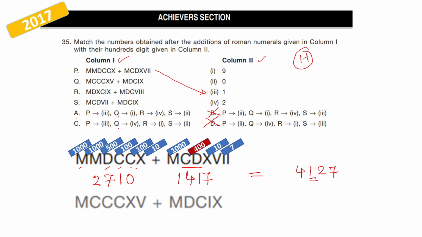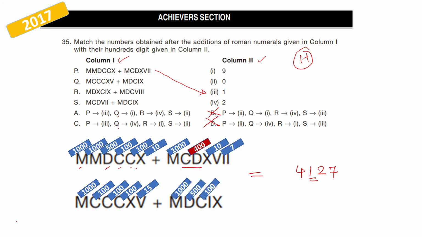So here we have the Roman number for Q. And let's start to solve this. Now here again, M is 1000, C is 100, XV is 15. And on the other side, it's M is 1000, D is 500, then C is 100 and IX is 9.